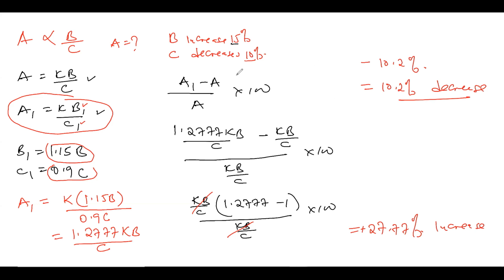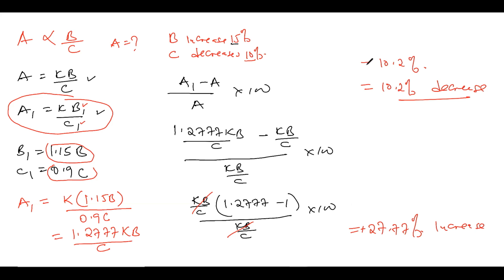Yes, another? What do you say about this one, 10.2 and 27.7? I said that sometimes, after working out the question, you may get the answer as a negative value, because you'll always say the new value minus the original value over the original value times 100. So there is a possibility that you can get a negative answer.